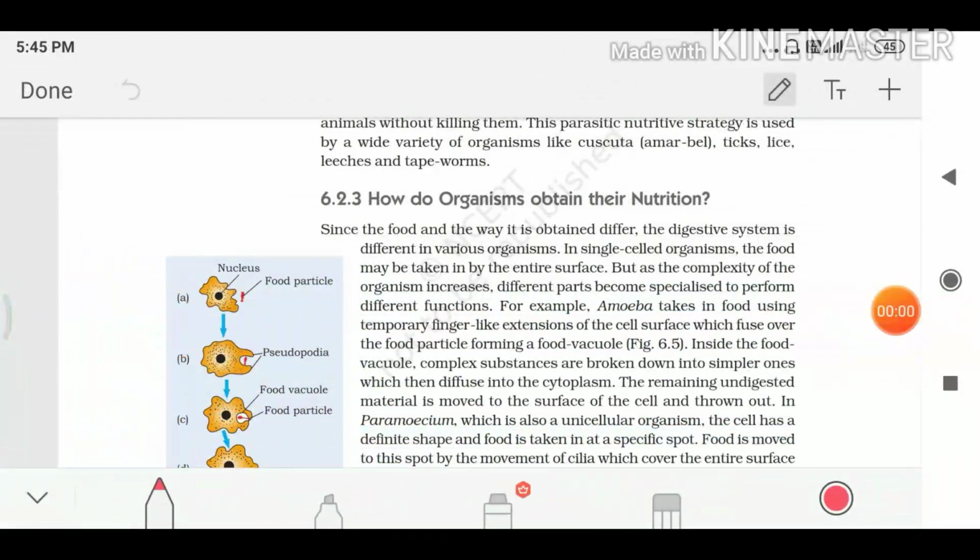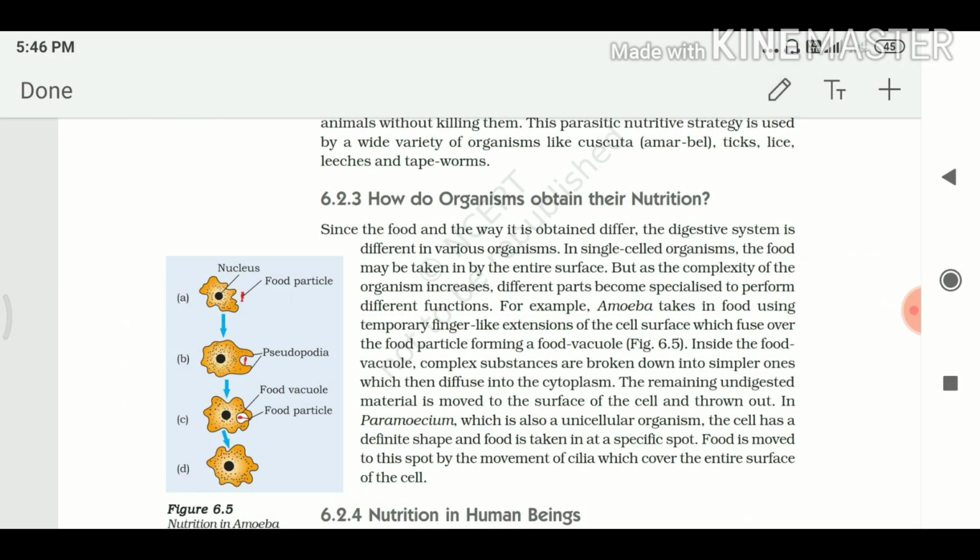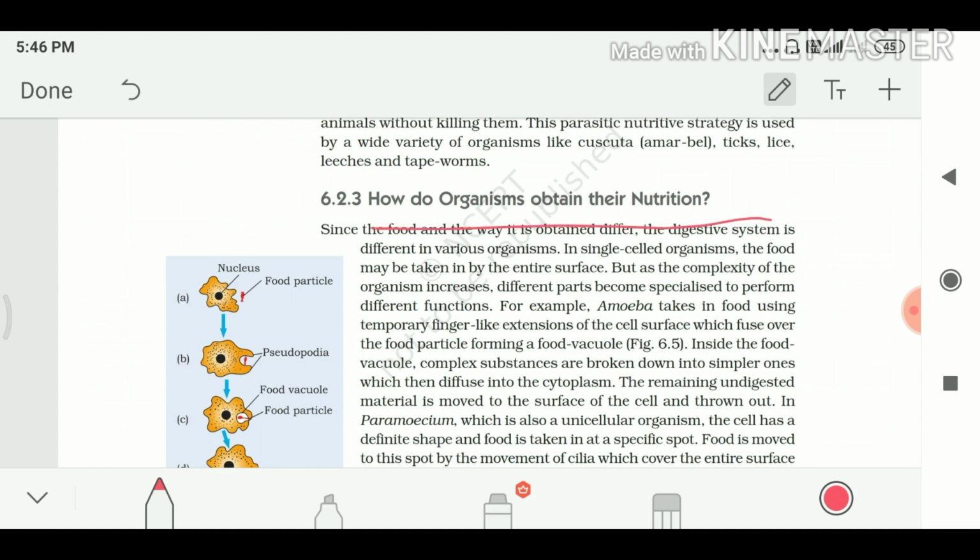Now let us see what is given in the textbook about how organisms obtain their nutrition. Since the food and the way it is obtained differ, the digestive system is different in various organisms.